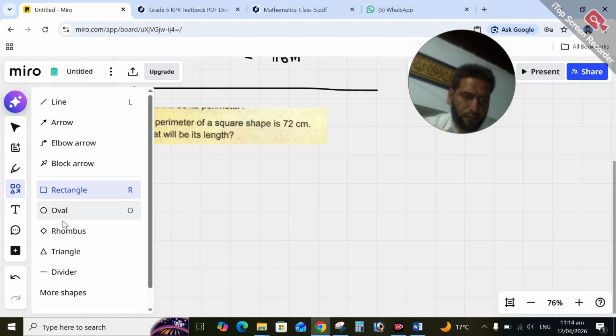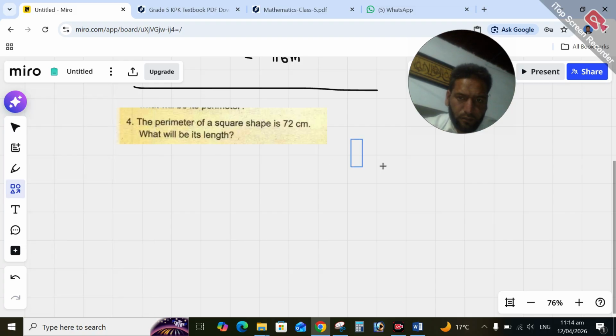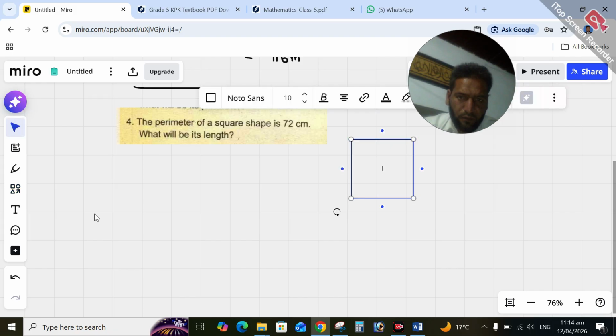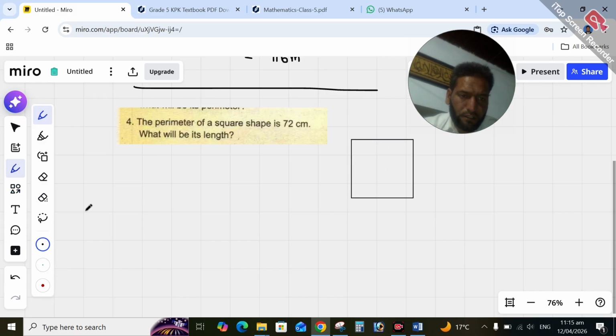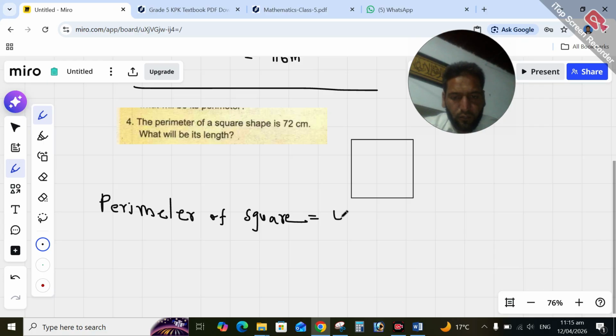And here this is a square shape, and given that P is equal to the perimeter of this square is equal to 4 times the length of one side.